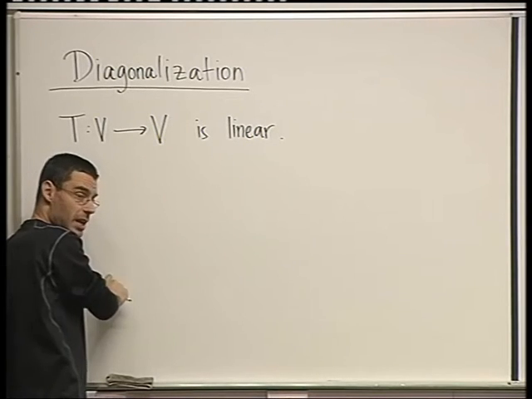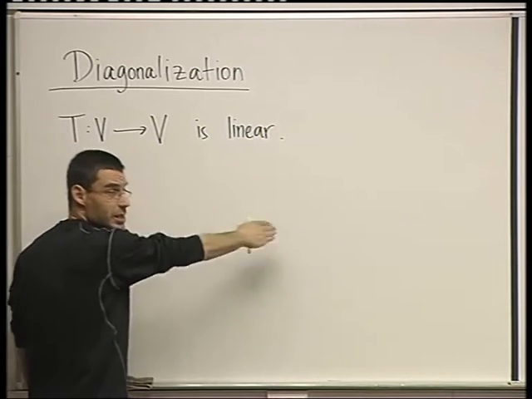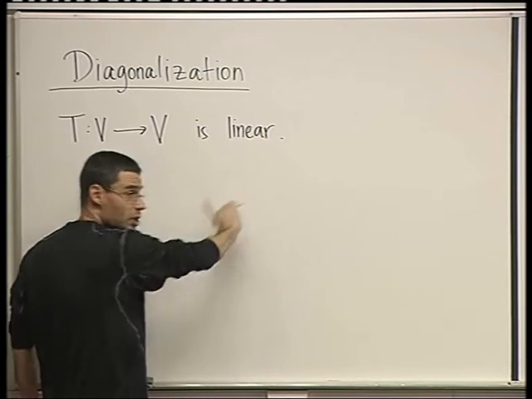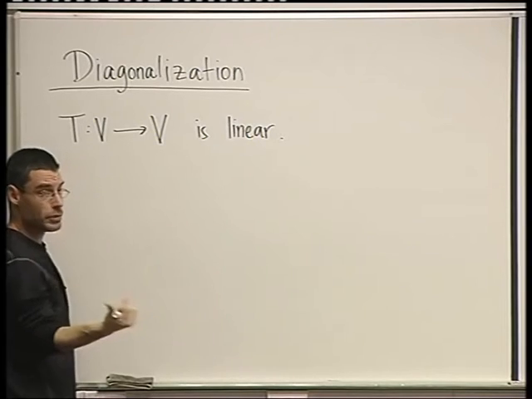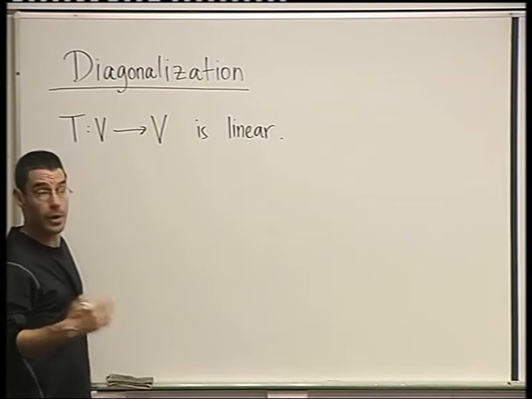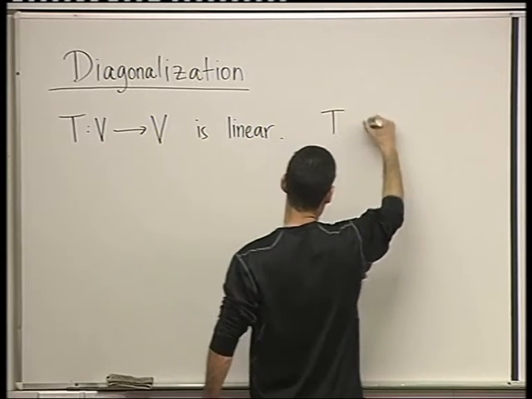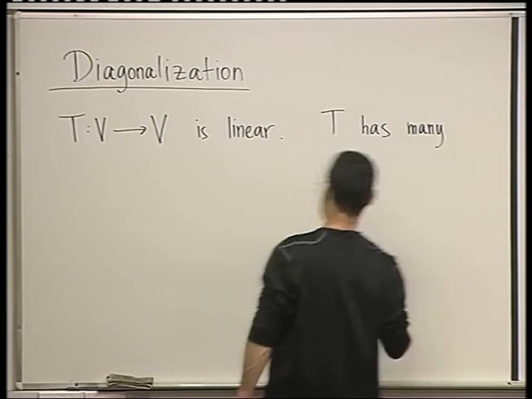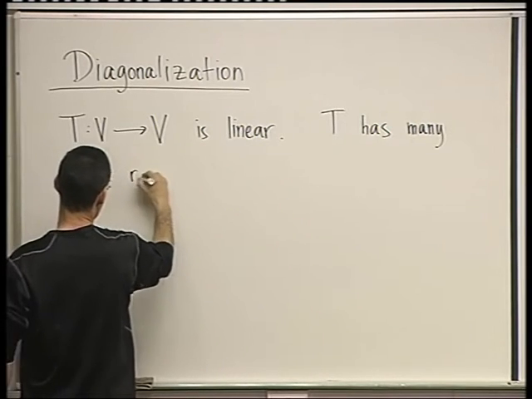We take the basis elements, do T to them, write the results as a linear combination of the basis elements, take the coefficients, transpose, we get T's matrix representation with respect to E, right? And there are many of them because there are many bases, right? So let's write that. T has many matrix representations.